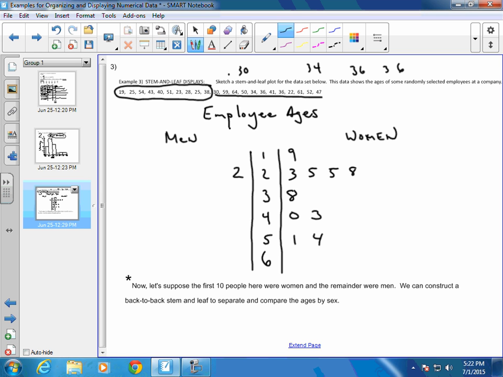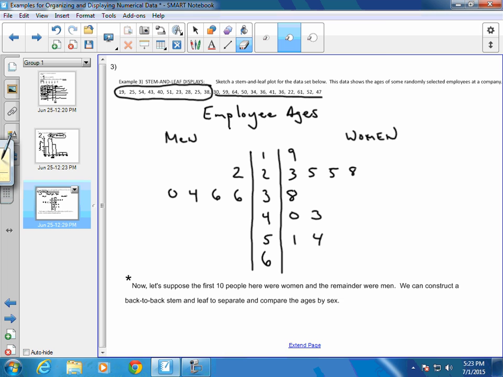So when I put these in order, I want to either work from the biggest to smallest as I go right to left, or you can plan it out and figure out how much room you need, put the 0, then the 4, then the 6, then the 6.